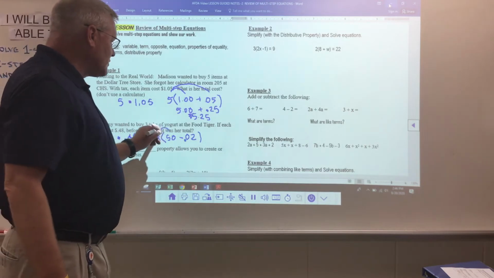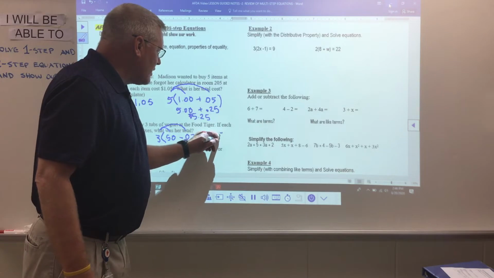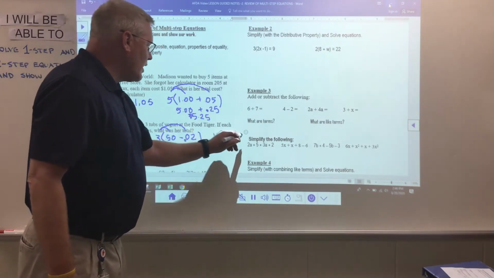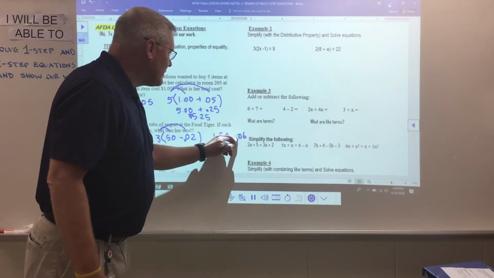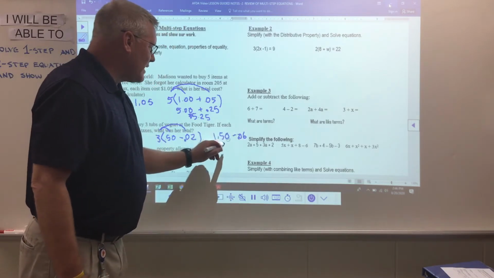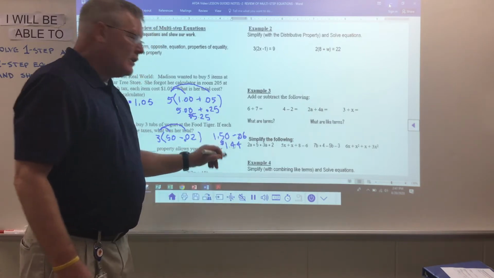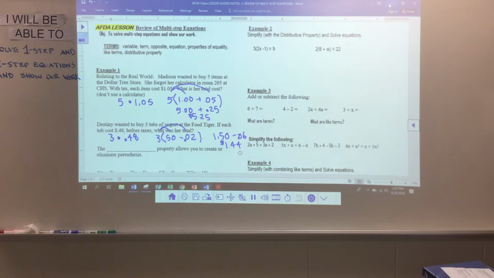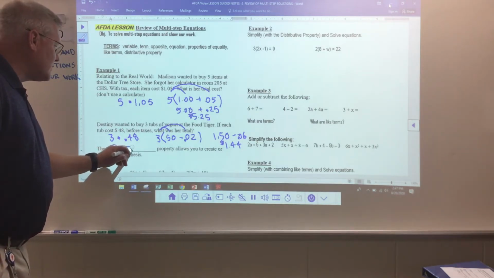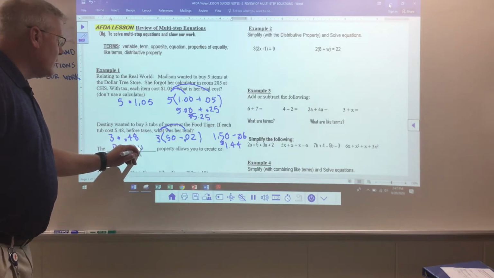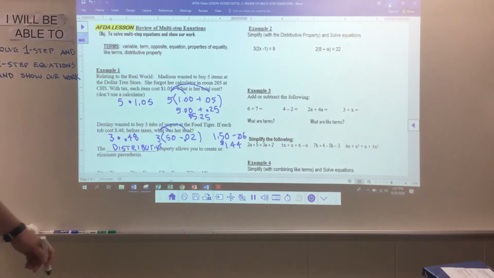So if you use the distributive property, everybody knows what 3 times 50 cents is: $1.50. And 3 times 2 cents is 6 cents. If you subtract 6 cents from $1.50, you get $1.44 if you did it in your head. So again, the distributive property is built in our head. It allows you to create or eliminate parentheses.